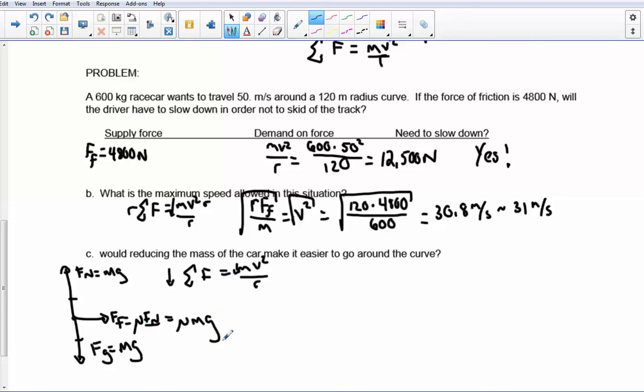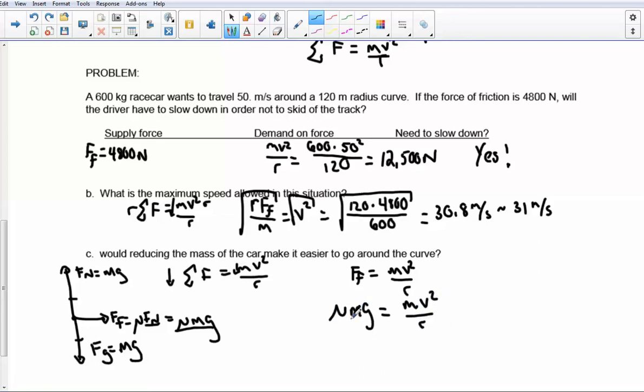Going back to the supply and demand, on the supply side we have the friction, and on the demand side we have mv squared over r. So mu times m times g equals mv squared over r.